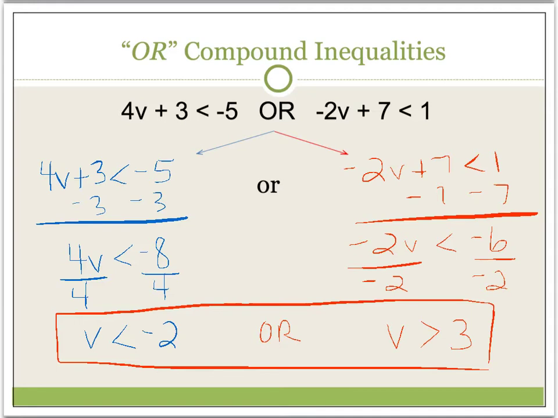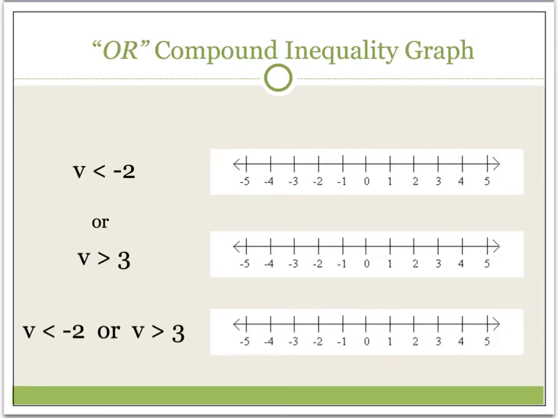Let's take a look at what this means. Values that are less than negative 2 would be solutions, or any value that is greater than 3 would be a solution. So let's look at what this would be on a graph. To graph this, we look at each one separately at first, and then we'll combine them onto one number line at the very end.